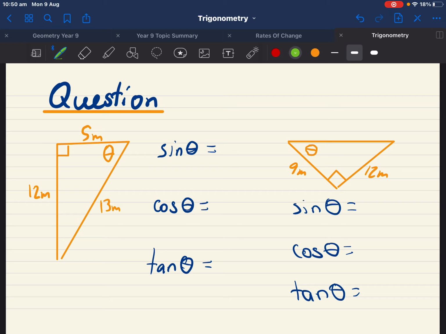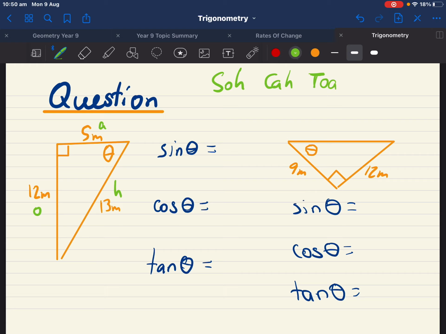Okay, hopefully you were successful. So with the first one here, I'm going to start by labeling the sides. We have hypotenuse, opposite, and adjacent. And because I only just learnt trigonometry today, this is our first lesson with it, I don't have it memorized. I'm not expected to have it memorized.